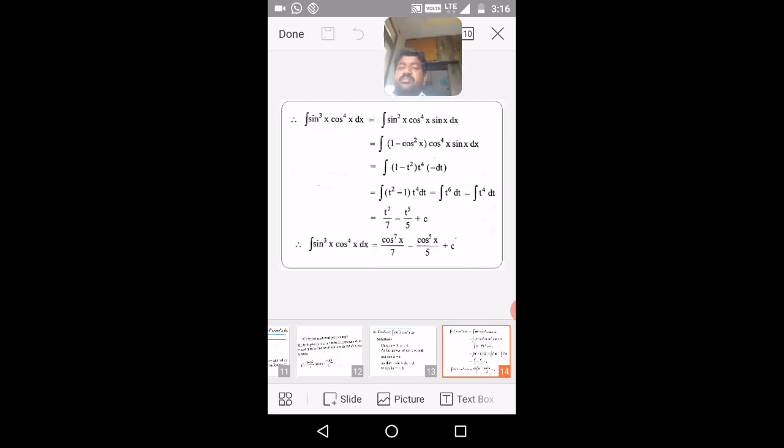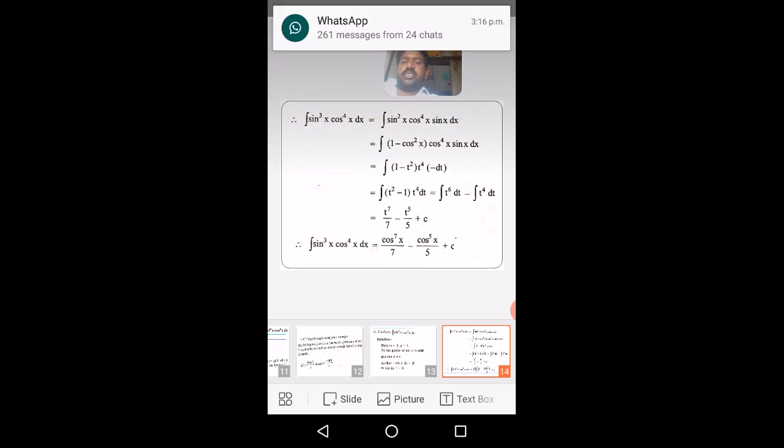Then the integral of sin cube x into cos power 4x dx is, change sin cube x as sin square x into sin x, because sin cube x is equal to sin square x into sin x. So it is finally the integral of sin square x into cos power 4x into sin x dx.